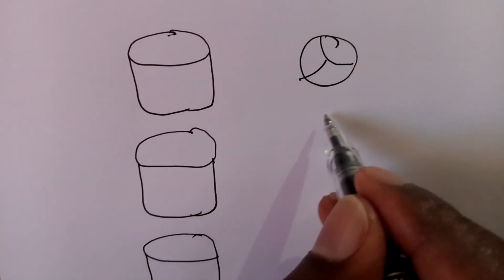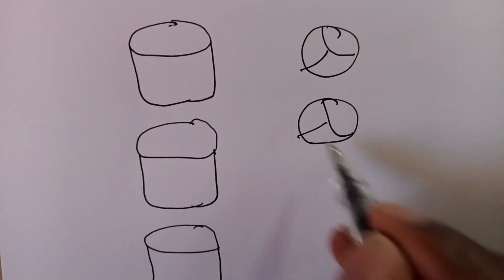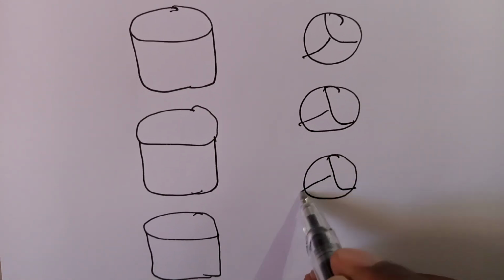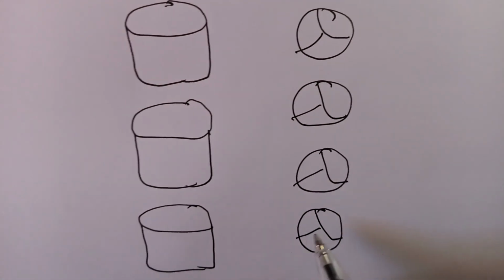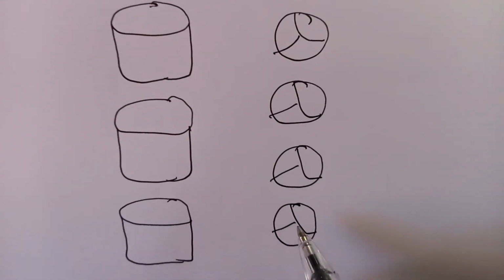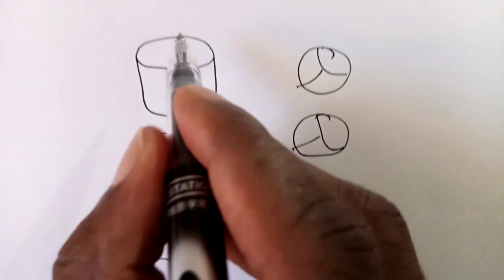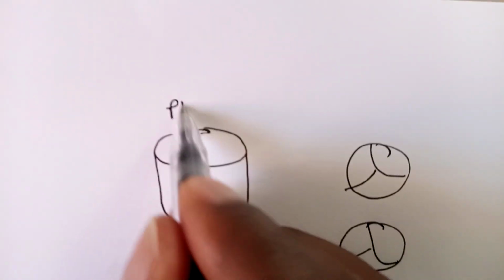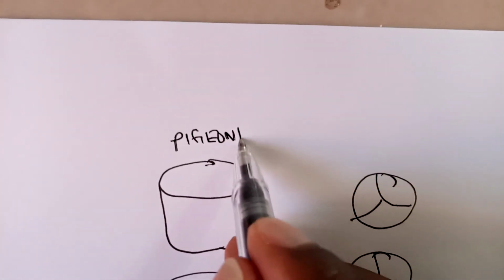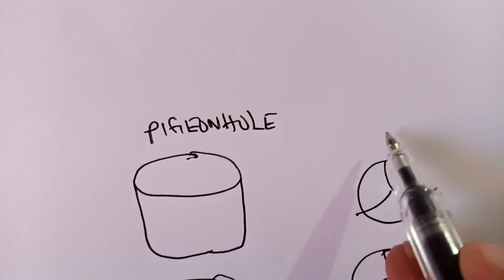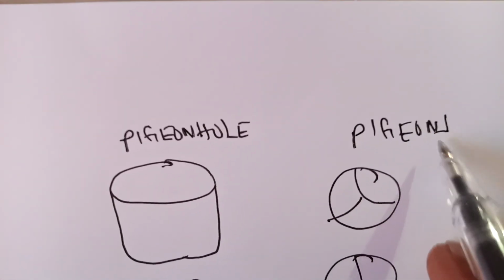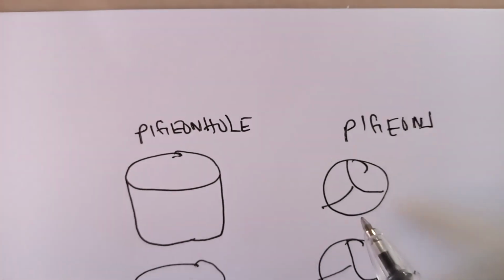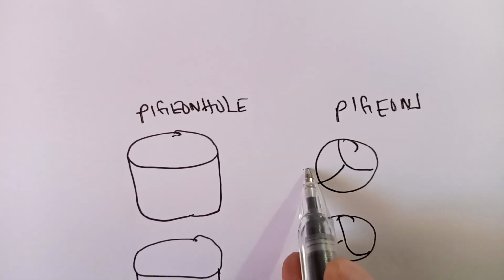I have 4 balls: the first ball, the second ball, third ball, and fourth ball. These are the pigeonholes, and these are pigeons because they are balls.